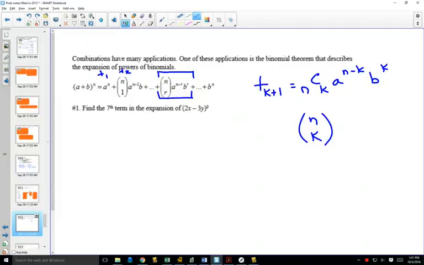So they're hoping that when you look at that term 2, you recognize some patterns. You recognize that the number that goes in the bottom here, the n choose k, is always one less. It's always one less than your term number. Does that make sense?